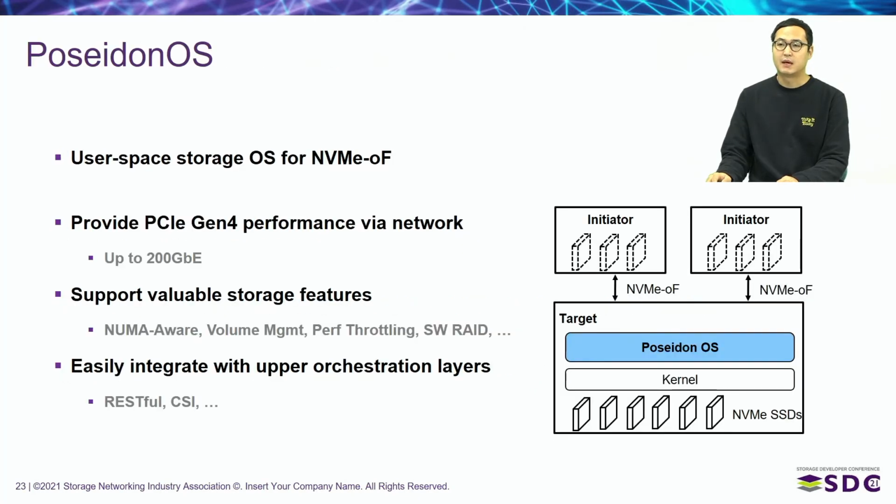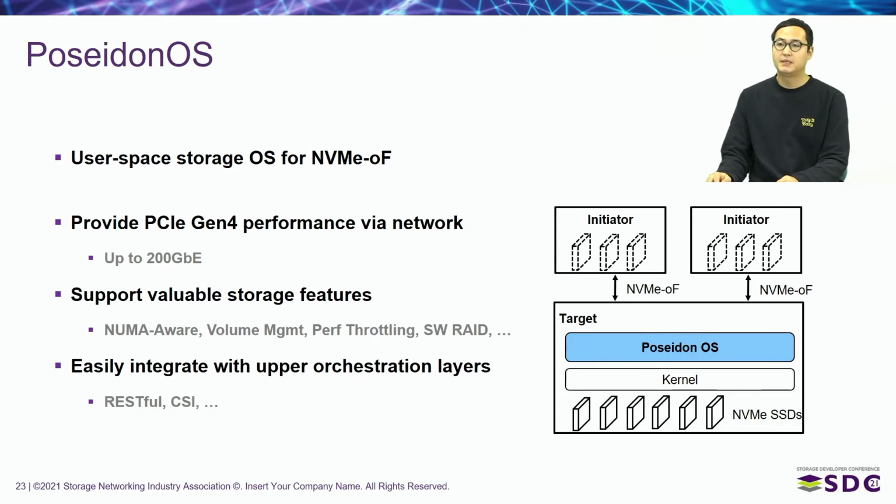Let me move to Poseidon OS. As you can see in this figure, Poseidon OS runs as a user application on the Linux kernel, and it can provide volumes to the initiators via NVMe Fabric, which are shown as virtual block devices on the initiator side. Since the Poseidon system is co-designed in both hardware and software, it can meet all vital virtues mentioned in the previous slide.